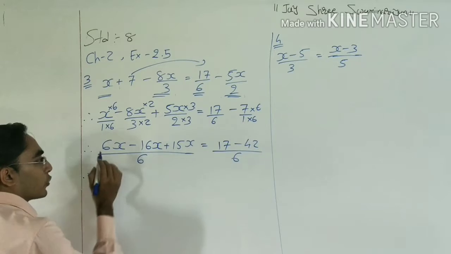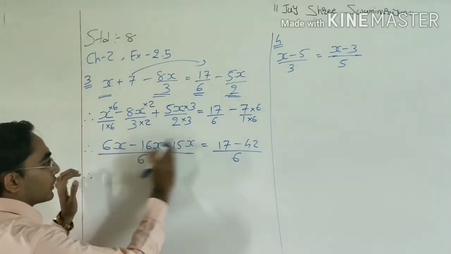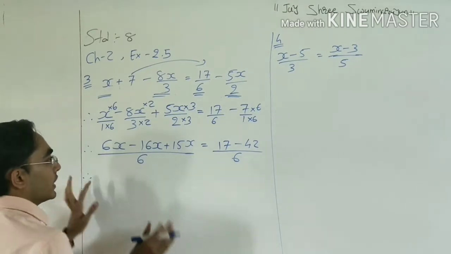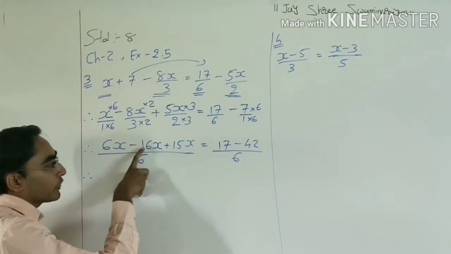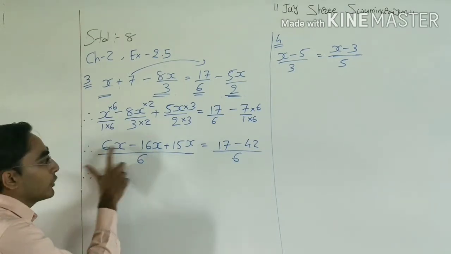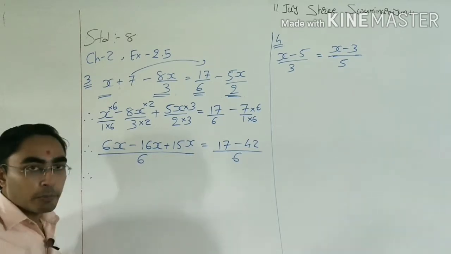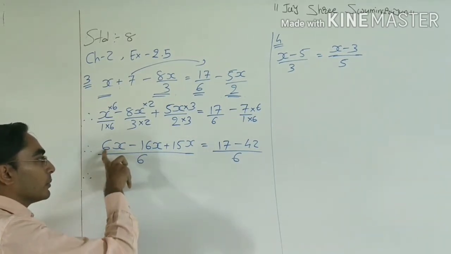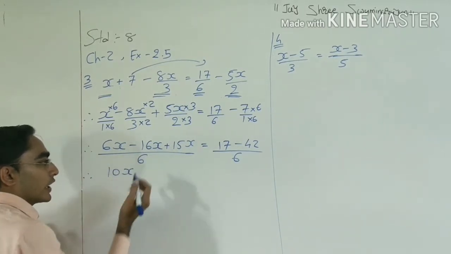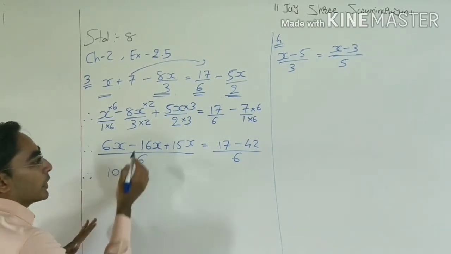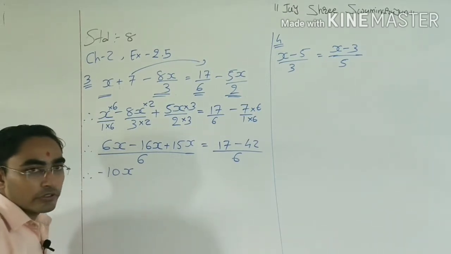Now solve our numerator. First of all, in the numerator these 3 terms are like terms, right? So first consider the first and second terms. Here plus 6 minus 16. So plus and minus, that means we need to do subtraction. So 16 minus 6 is 10x. Since x is there, and the bigger number 16 has a negative sign, so minus 10x.